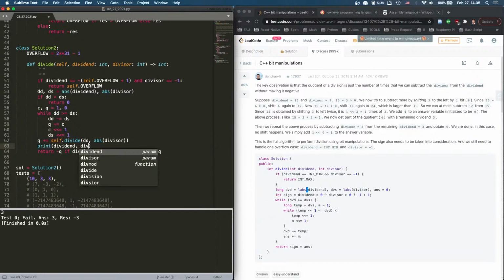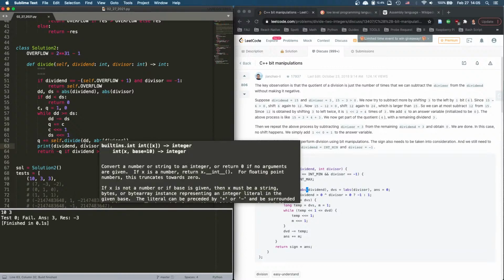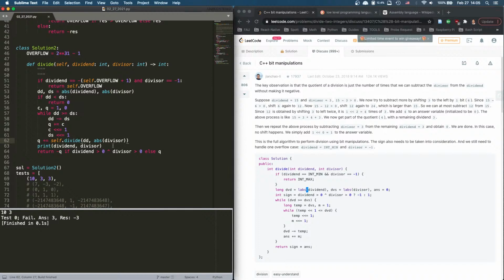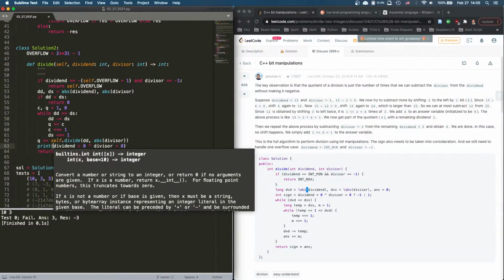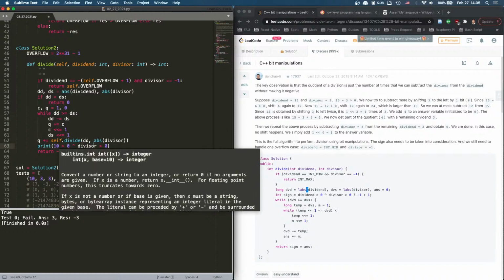Divisor, dividend, and divisor. These have not changed their value. No, they're not changed. Oh, wait, this is true. Why? How come this is true? How come this is true?